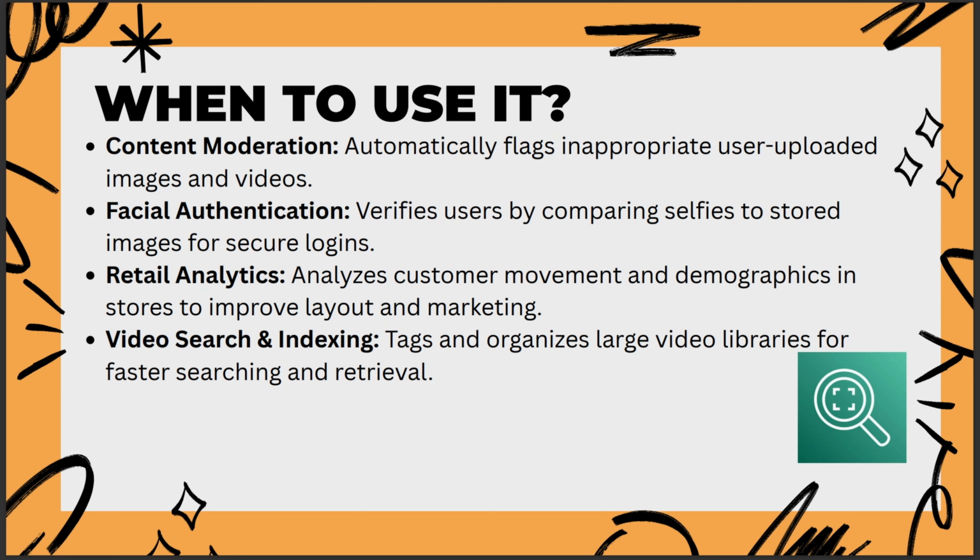As mentioned in the previous slide, it can do facial comparison by comparing two images to each other to see if it's the same person or not. Two more complex use cases are retail analytics, to analyze customers' movement and demographics in stores to improve the layout and the marketing, and video search and indexing, which means it can tag and organize large video libraries for faster searching and retrieval.